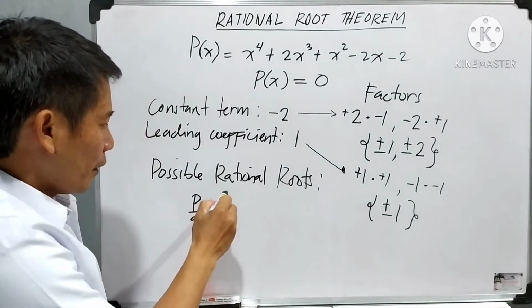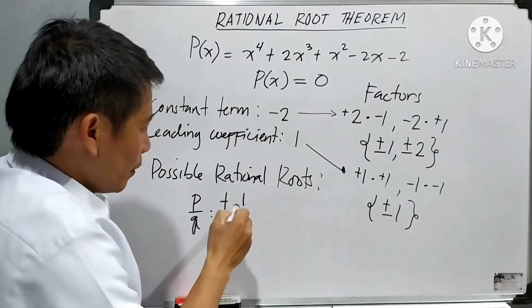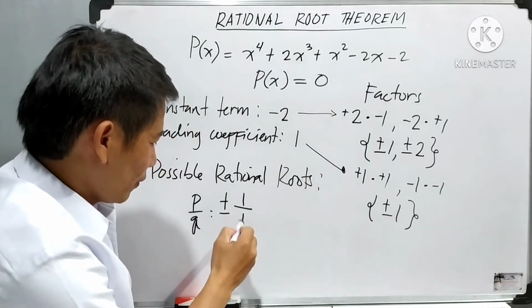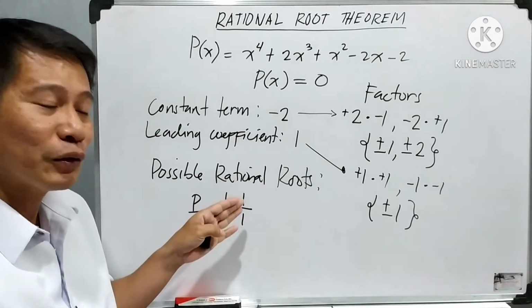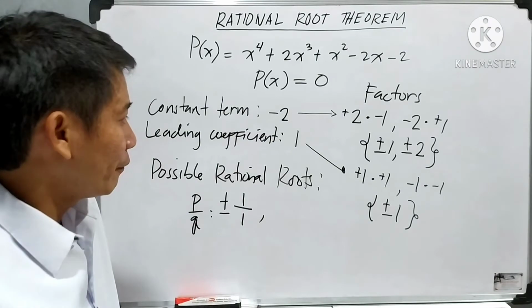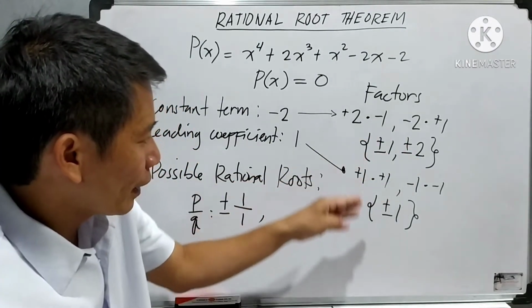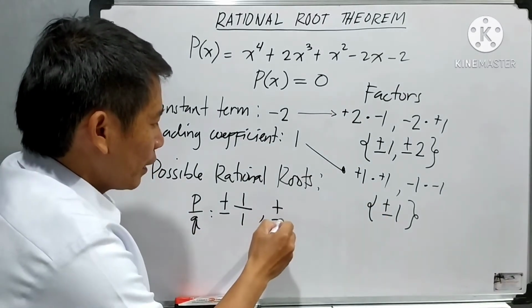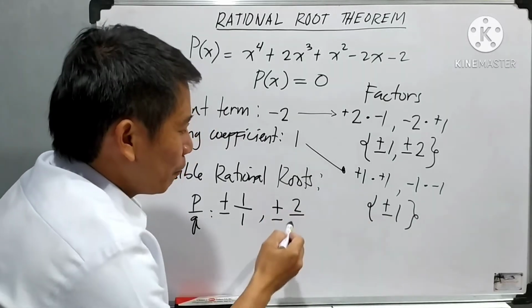So we can have plus or minus 1 divided by plus or minus 1. Right? So these are possible rational roots. Another one, we have plus or minus 2 divided by plus or minus 1.